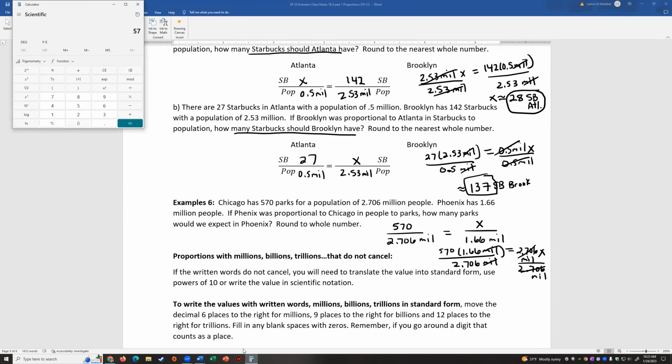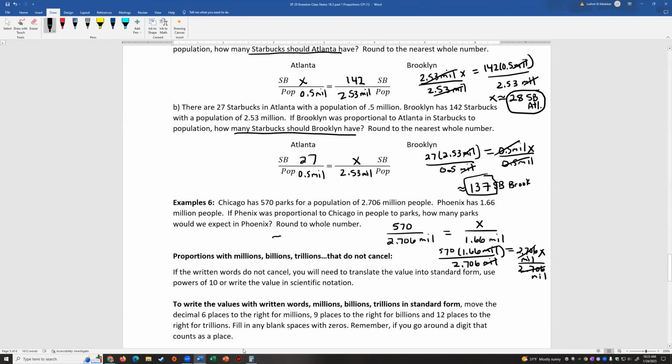So that is 570 times 1.66 divided by 2.706. Rounded to the nearest whole number, that's going to be 350. So they would need about 350 parks in Phoenix for that to be proportional.